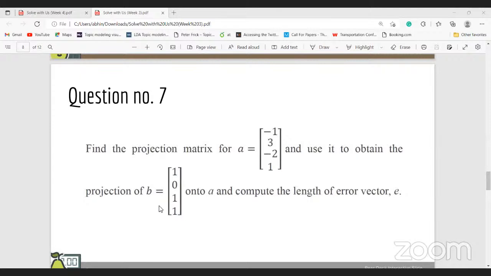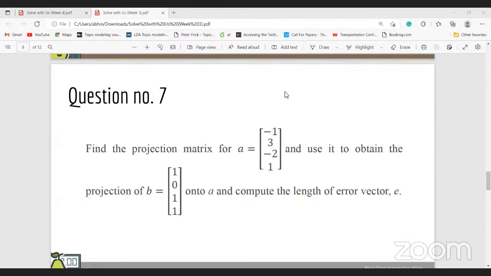Then multiply that projection matrix with B. So you will get a 4x4 matrix? 4x1 matrix. Then you have to do B minus the projection you have found, B minus PB. That will give you the error vector. Now find its length.